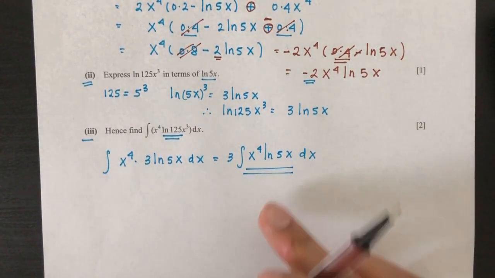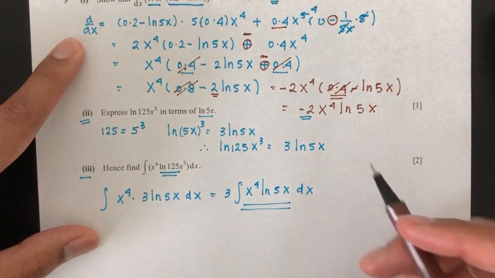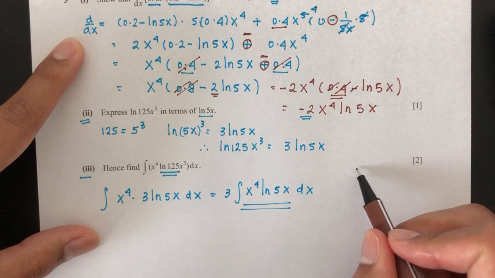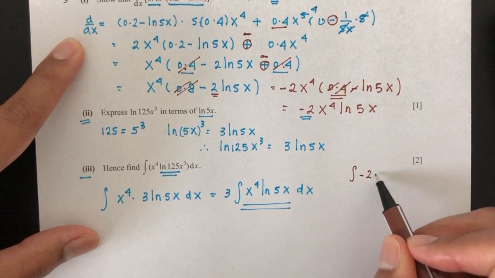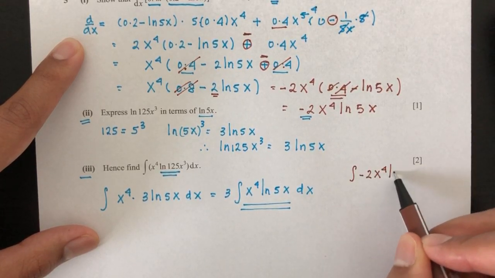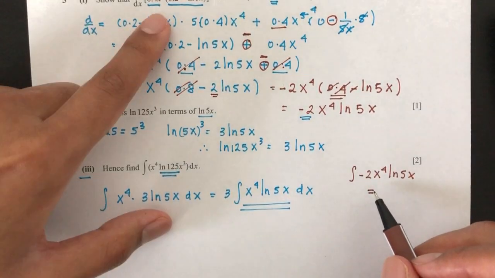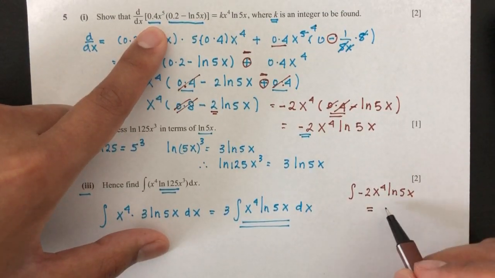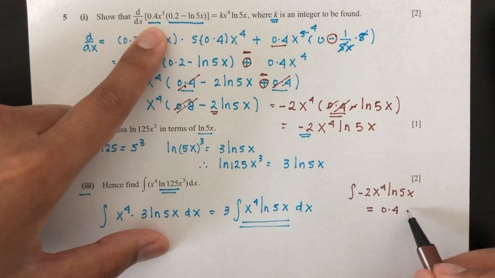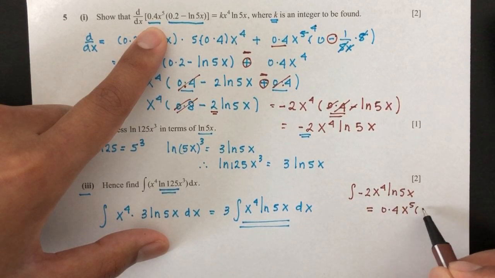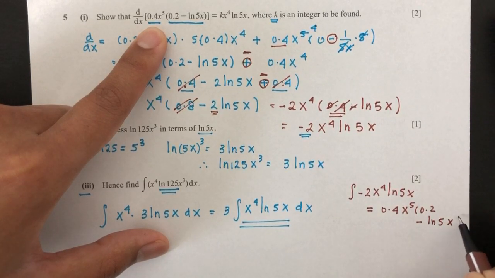You will have to use your answer from part 1. In part 1, you have the integration of minus 2 x power 4 ln 5x, which is supposed to give you back your main equation, which is this one, 0.4 x power 5, 0.2 minus ln 5x.